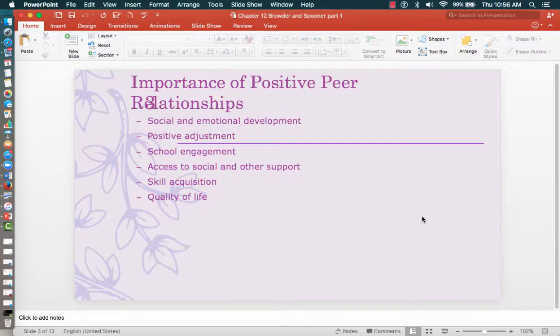But individuals with severe needs don't always have this ability, so we have to help them learn how to do this. It leads to skill acquisition because they learn different types of skills, but it also leads to their quality of life, which is very important in all aspects of special education.